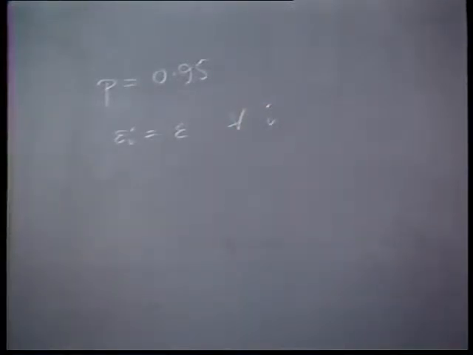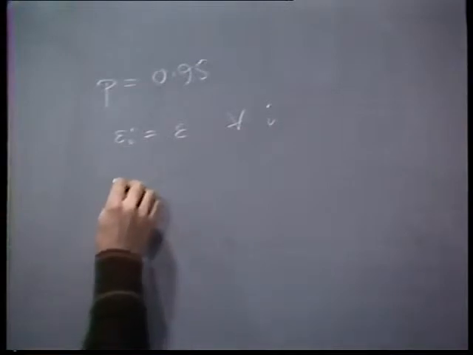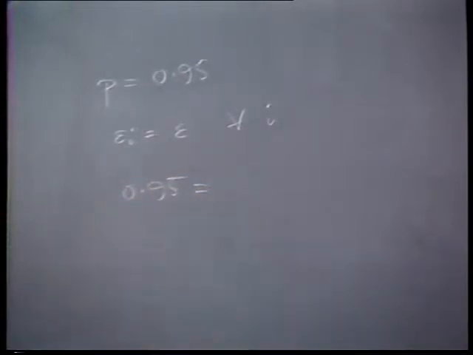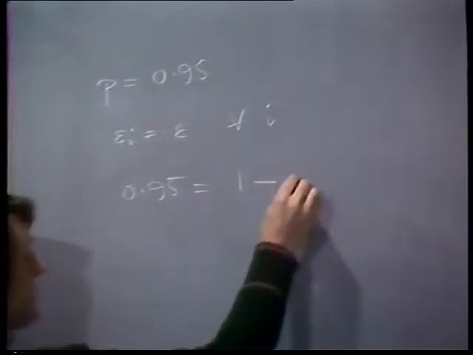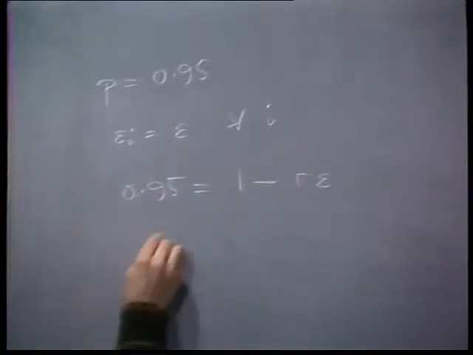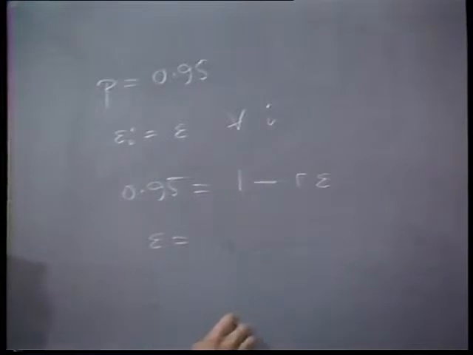So we're going to use the same significance level for each test. Then we know that 0.95 has got to be equal to 1 minus R times that common epsilon. So that epsilon will now depend on R.